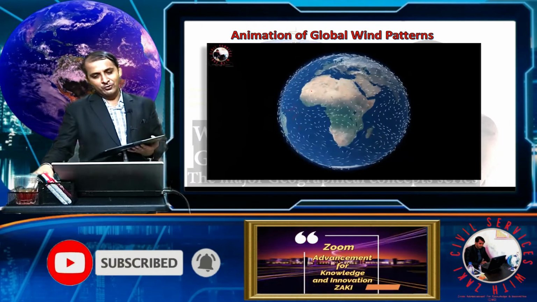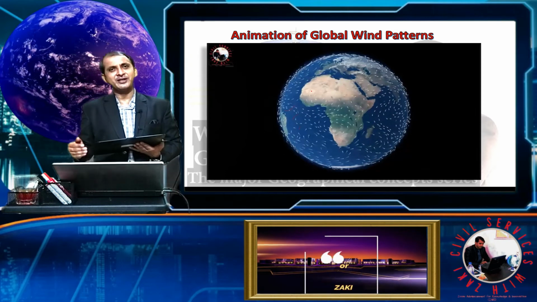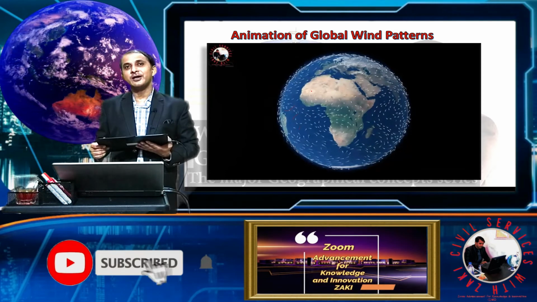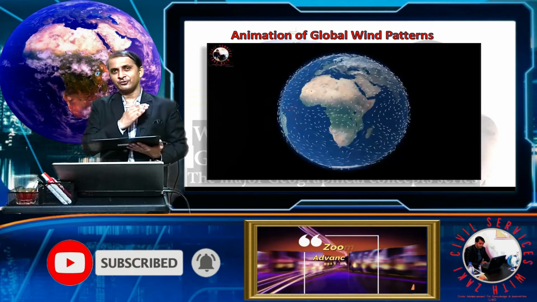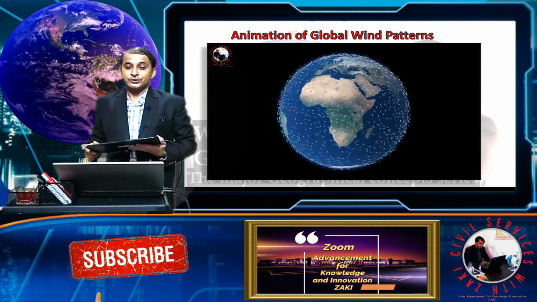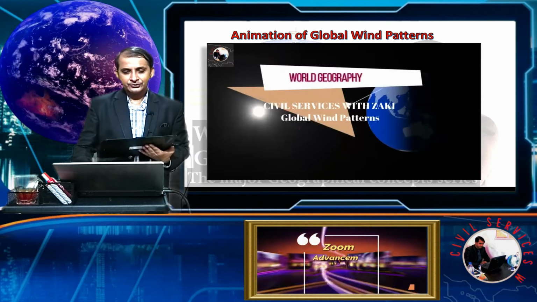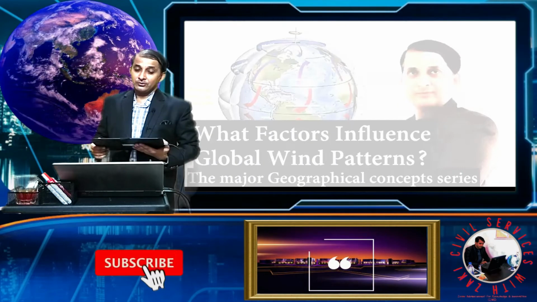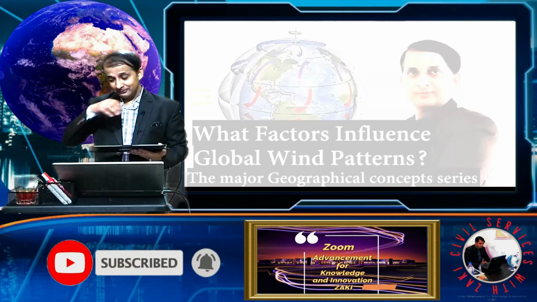If you want to know more about local wind, global wind and so on, then join our regular classes in various coachings like Career Plus, Super Study IAS and others. So that's all about what factors influence the global wind pattern.